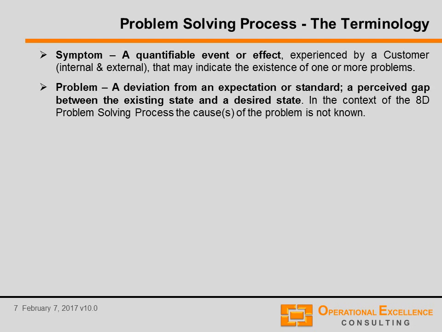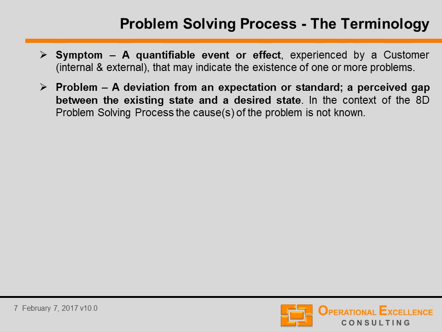To tackle the symptom, we really need to understand the underlying problem. Why do we see that symptom? What's the problem that we need to solve to make sure that the symptom doesn't occur in the future? So here you have a definition of a problem. A problem is a deviation from an expectation or standard, a perceived gap between the existing state and the desired state.